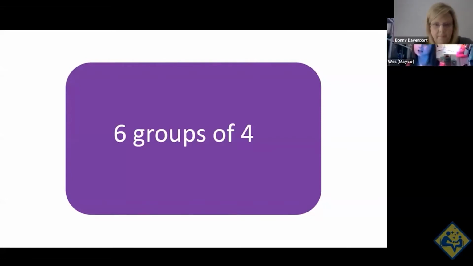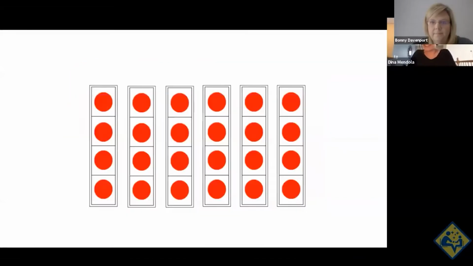So I'd imagine the 6 strips and then 4 in each. And then I would go 4, 8, 12, 16, 20, and then 24, which would be 6. And then there's 6 strips.